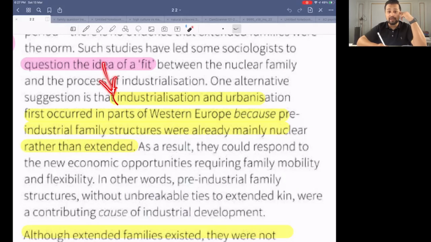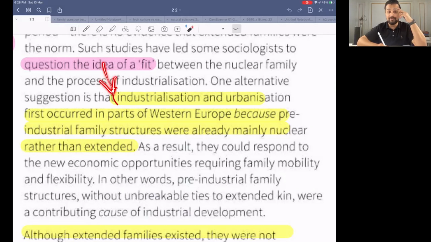But it is also a possibility that you already had nuclear families, because of which the amount of flexibility that an industrial society required was easier for them, since they were perhaps already living in nuclear families. So as the Industrial Revolution came, they could very flexibly make use of the new economic opportunity and move wherever they had to for, of course, a better lifestyle. We're talking about geography over here.